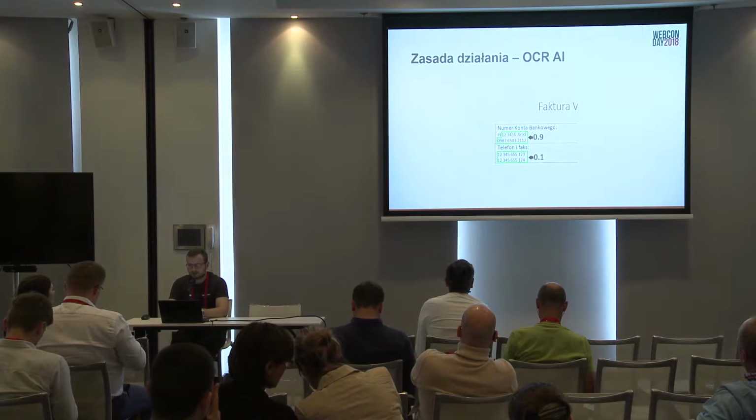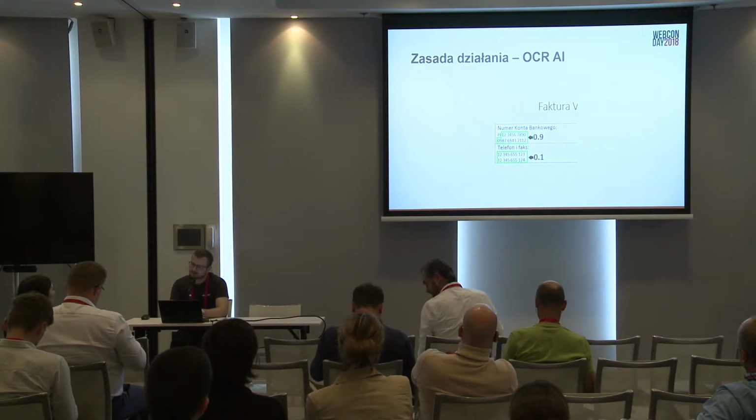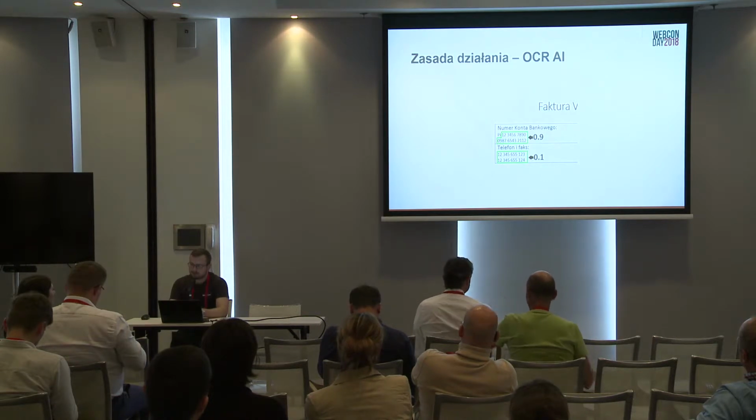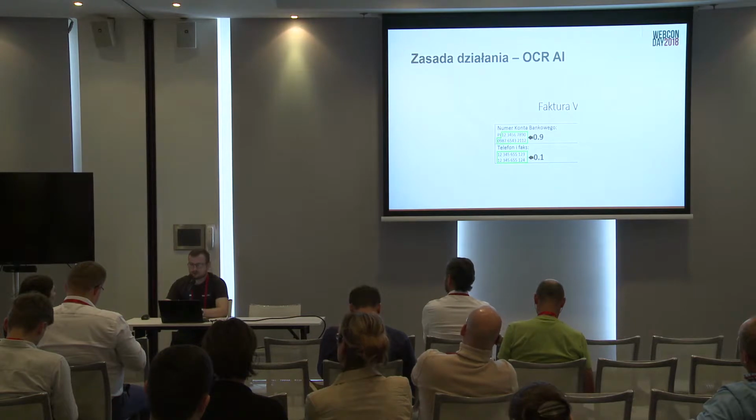So the form and the length of the first block is more suitable for a bank account number, and that is why this is the actual bank account according to the system. The second is not. The second is telephone and fax numbers.